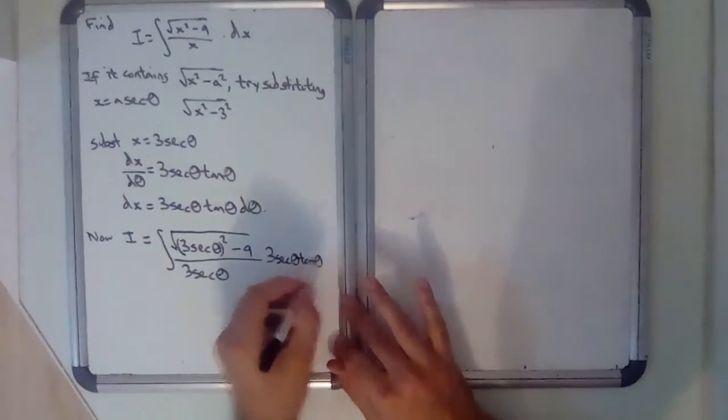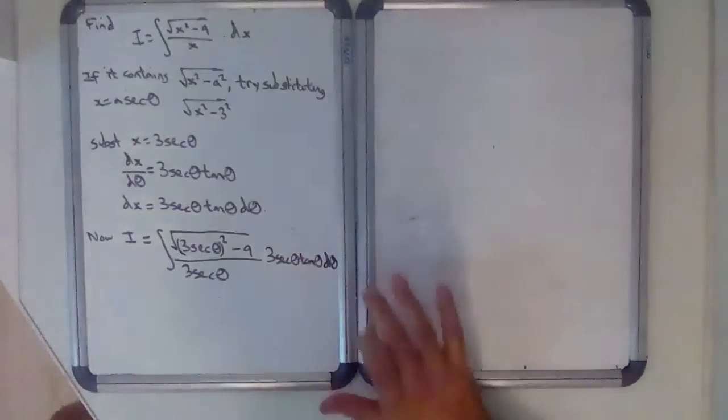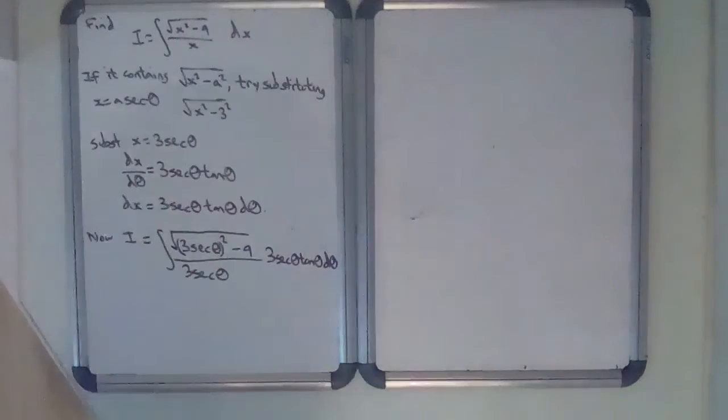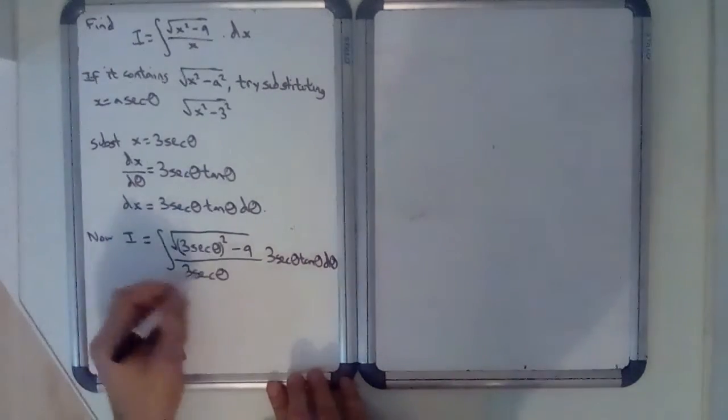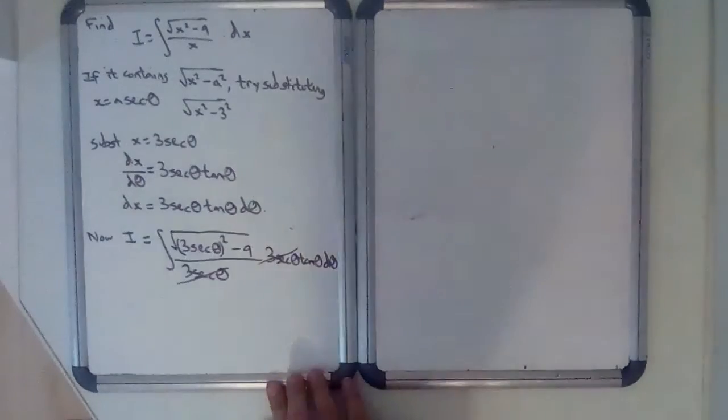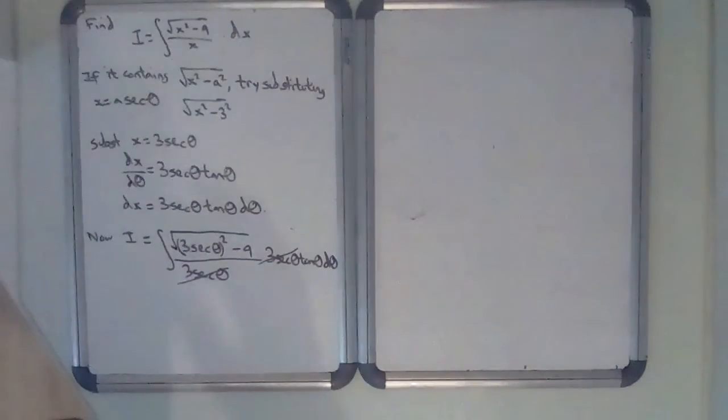Good start. We can look at the 3 sec theta here and the 3 sec theta here, and we can cancel one with the other. That's not bad at all.